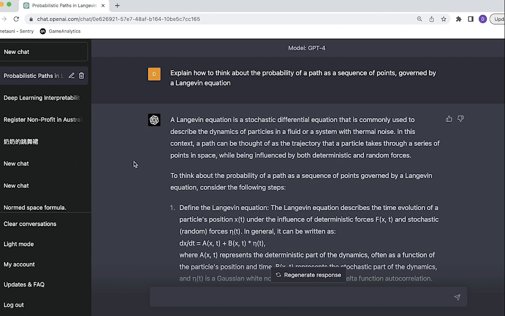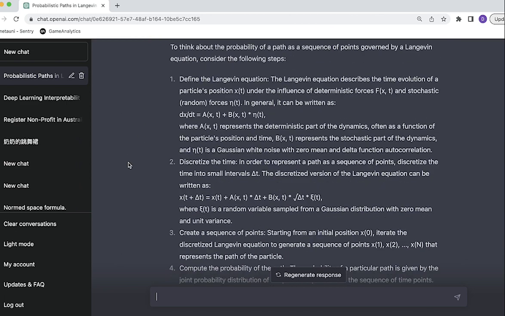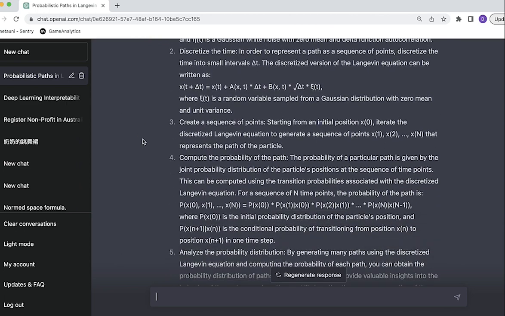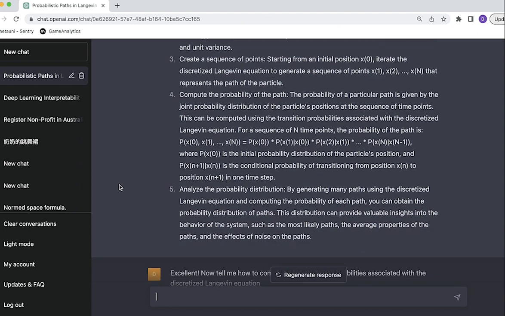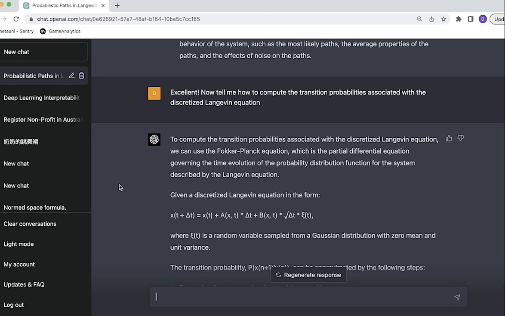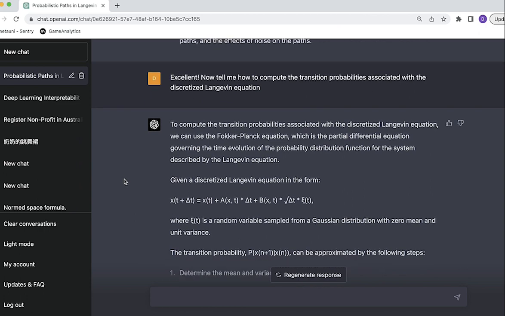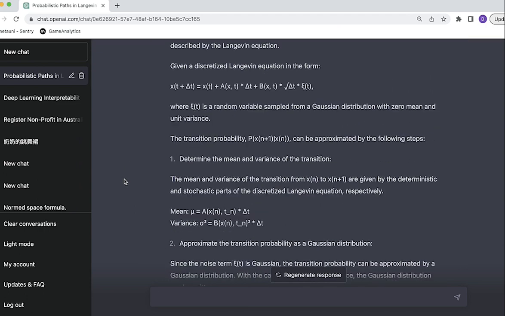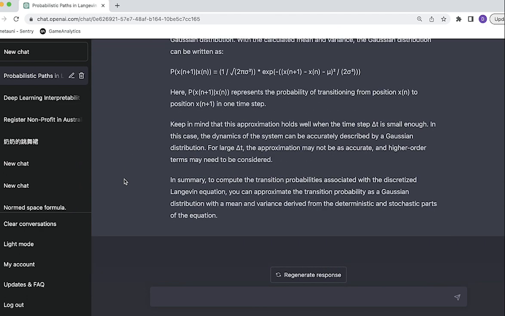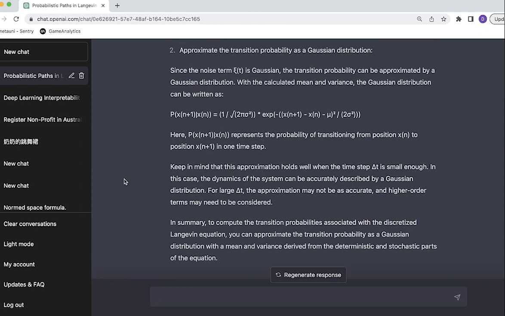I kind of knew how that should work, but I'm not an expert in stochastic DEs, and so I needed a bit of help, and also wanted to explain it to Zhongtian and was struggling a little bit. So I just got it to basically say what I had on the board, but it was clearer and smarter than what I was struggling to say. Then I pushed it to go a bit further into what we were trying to do, and this is all correct. So this is one way in which it can assist in research, right?